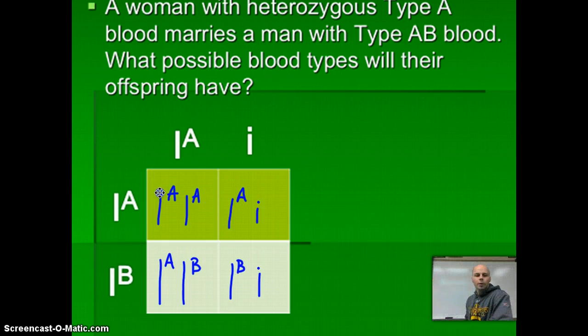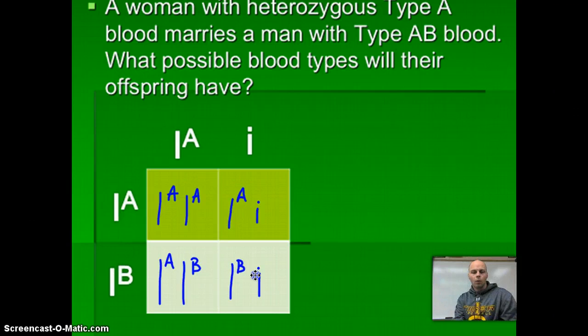And so you can see our combinations that are created from this Punnett square crossing these two individuals. When we create our ratios, we end up with a 1 to 1 to 1 ratio, having homozygous type A, heterozygous type AB, and then a type B. When we look at our phenotypes, one individual would be type A blood, we'd have a type AB, and one individual is type B blood.